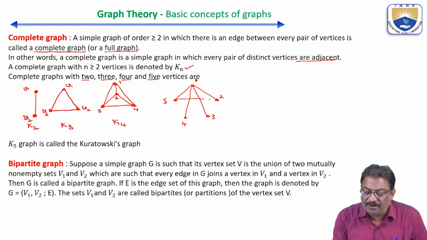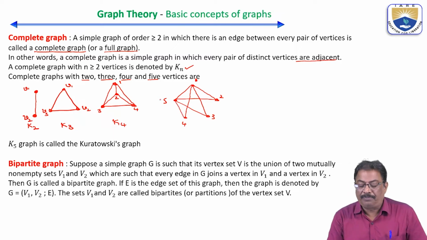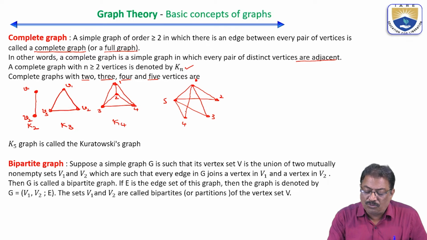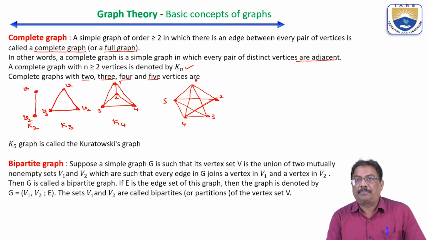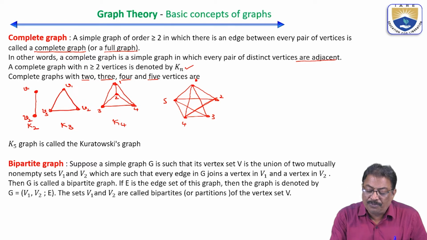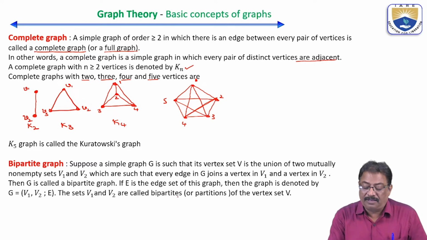Similarly, V5 to V2, V5 to V3, V5 to V4; V5 to V1 is already there. Then V4 to V1 and V5 are there, and V2 I connect. Next V3, and V3 to V2, and the remaining already have the edges.